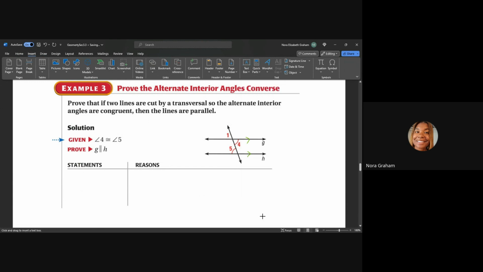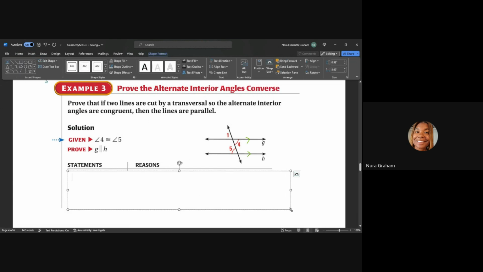All right, let me insert this so it's easier for us to type it out. Perfect. So let's start with our statement. We always start with our given, so we know angle 4 is congruent to angle 5.